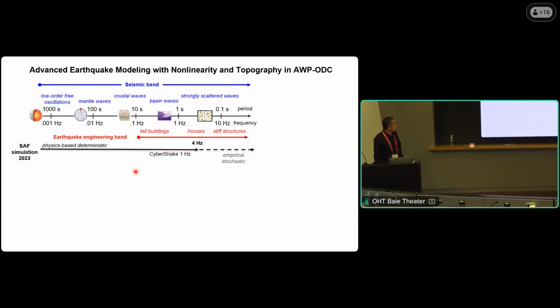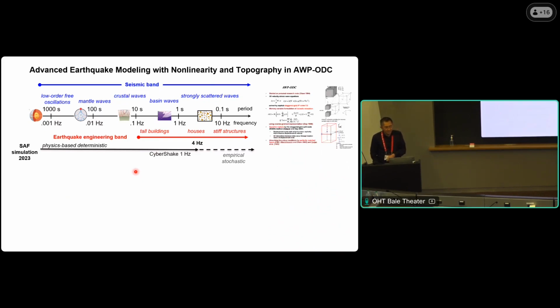When we talk about the seismic band, they range from 10,000 seconds in period to a fraction of a second, and the band associated with engineering interest is between 0.1 hertz and 10 hertz. As we move to higher frequencies, the computation is more expensive. With that in mind, we have developed the AWP-ODC code for larger scale simulation.